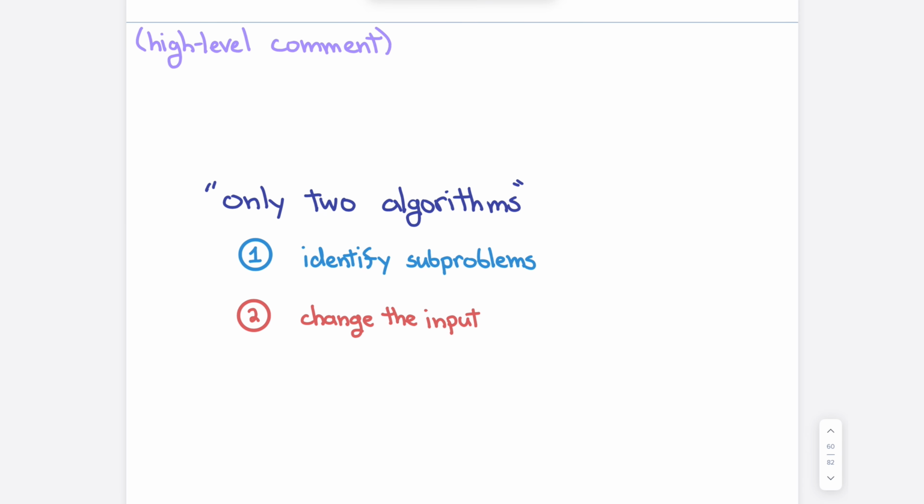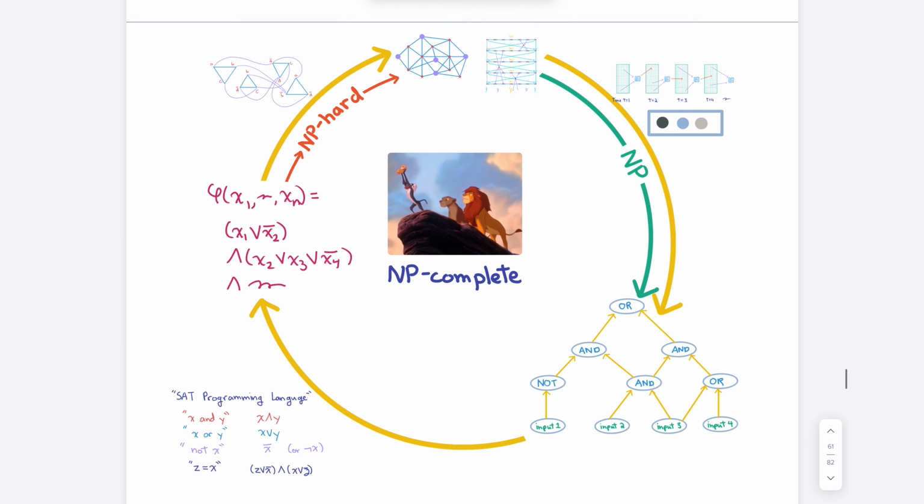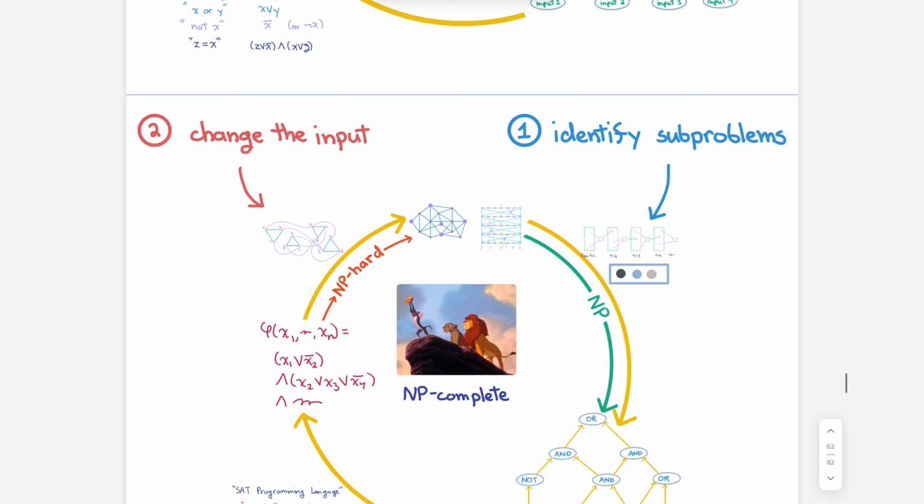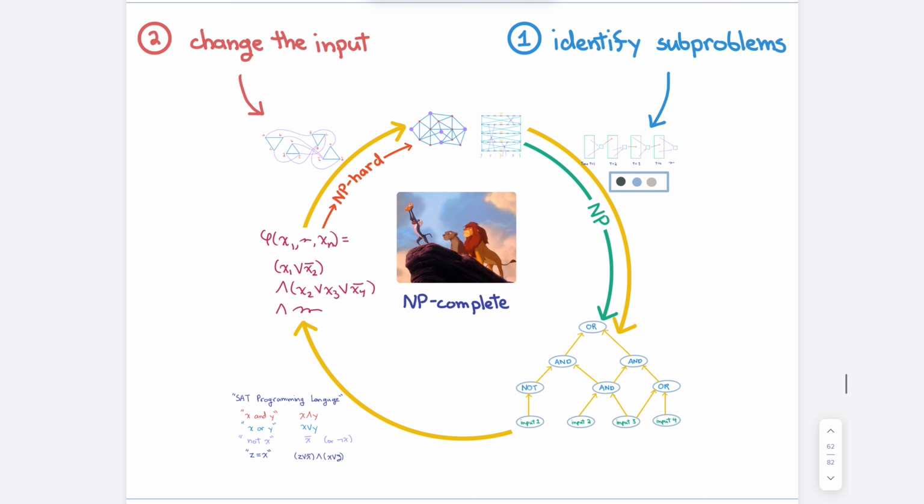Okay, some high level comments. I've often said, all of our problems are solved essentially in one of two ways: either identifying the right subproblem, things like divide and conquer, dynamic programming, or changing the input. And at some level, when I look at this NP-completeness Lion King thing, this first leg that we spent a long time on, they're all reductions.